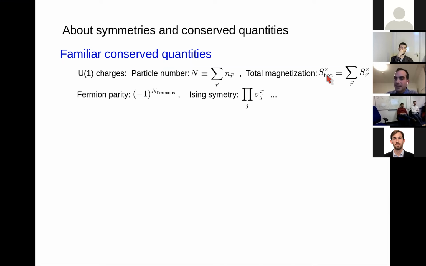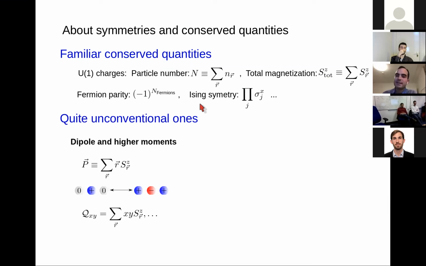However, quite recently, people became really interested in another family of less conventional symmetries. I call them less conventional because you don't really expect to find them in nature on a daily basis. The first family of these conserved quantities are dipole and higher moments. You can think of the center of mass as the first moment of these U1 charges.